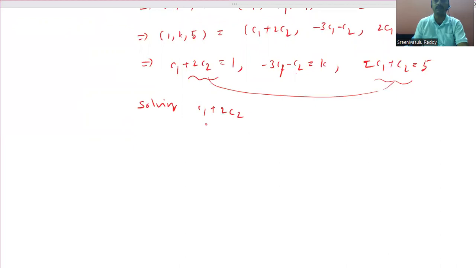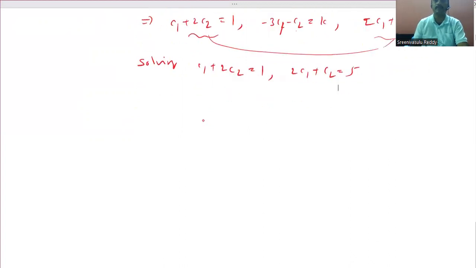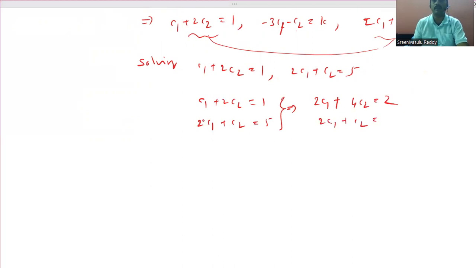Solving: C1 plus 2C2 equal to 1, 2C1 plus C2 equal to 5. Whatever method you apply, as you wish, no restriction. Our intention is to find C1 and C2. Now multiply the first equation with 2 and subtract these two.